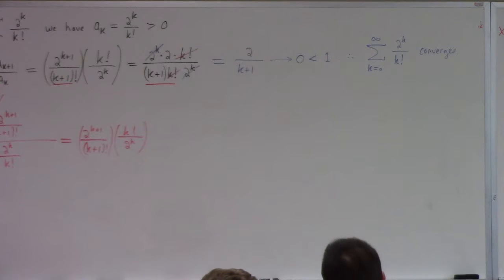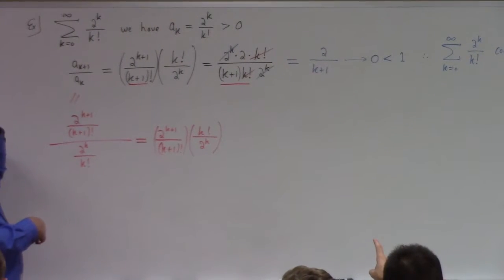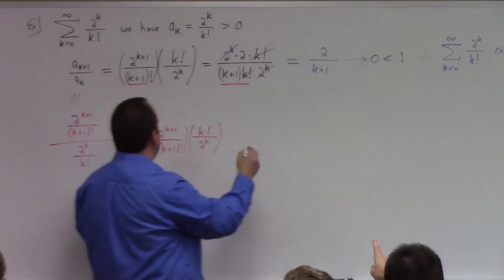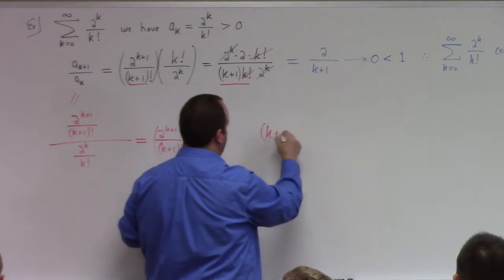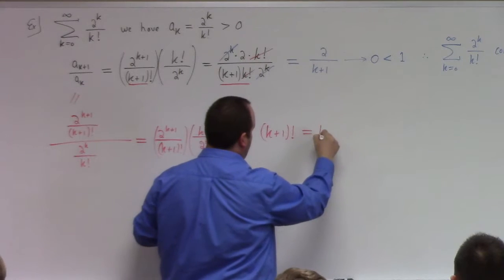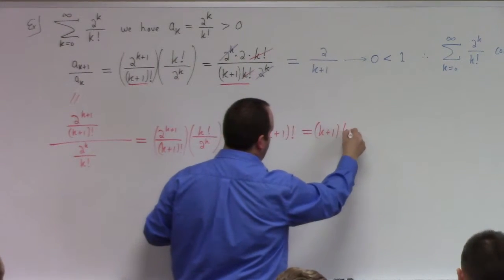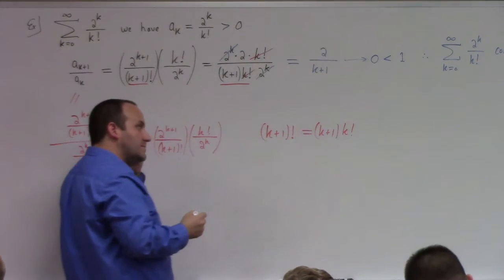So, yeah. And where did the second k factorial come from in the denominator? Is it because k plus 1? So k plus 1 factorial is by definition k plus 1 times k factorial.